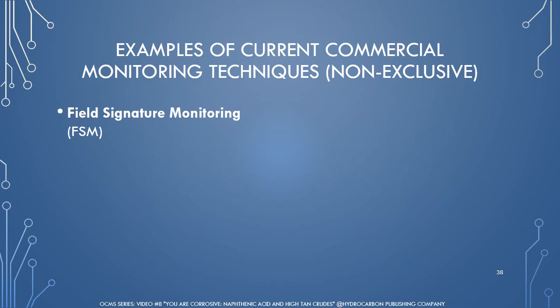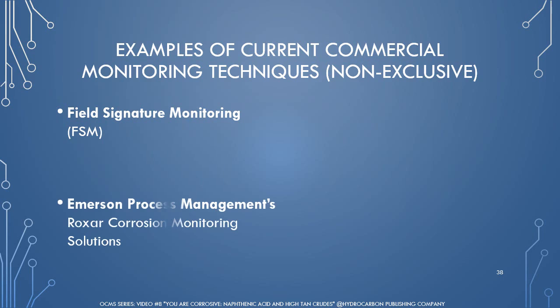Emerson Process Management provides its ROCS corrosion monitoring solutions for both intrusive and non-intrusive monitoring. PermaSense is another source of technology for continuous corrosion monitoring. The company notes that its remote monitoring systems have utility in crude selection. Short-duration test runs of a potential new crude for a refinery can be applied to establish the corrosion rate associated with its use.